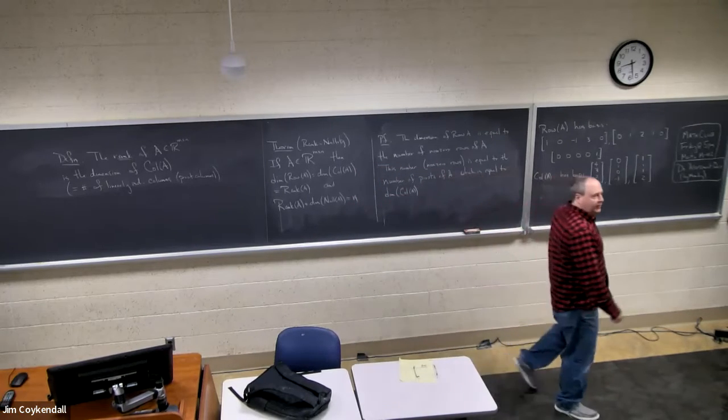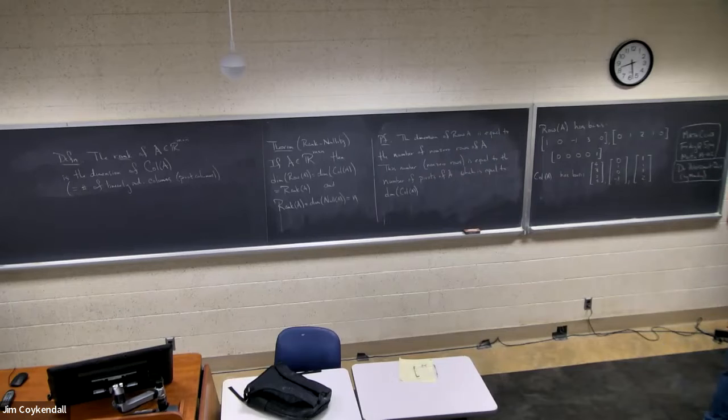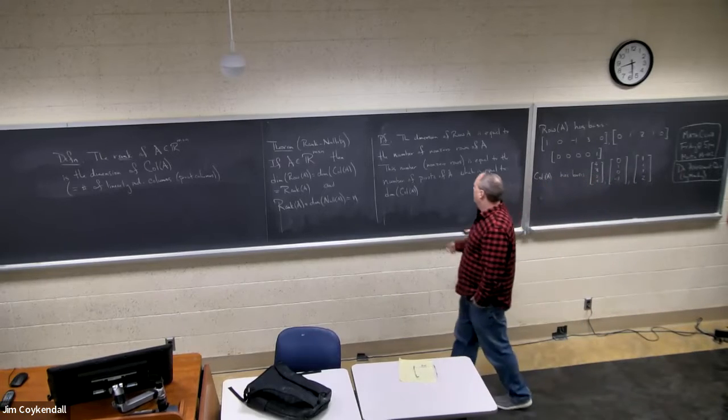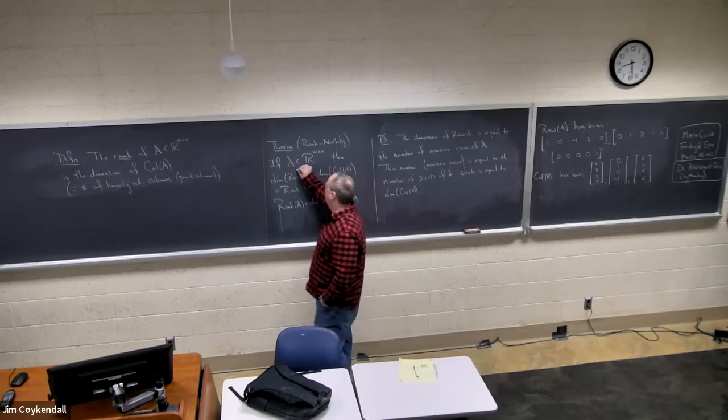So the number of non-zero rows is exactly the same thing as the number of pivots. And the number of pivots is equal to the number of pivot columns, which is the dimension of the column space. So that establishes these two are the same.